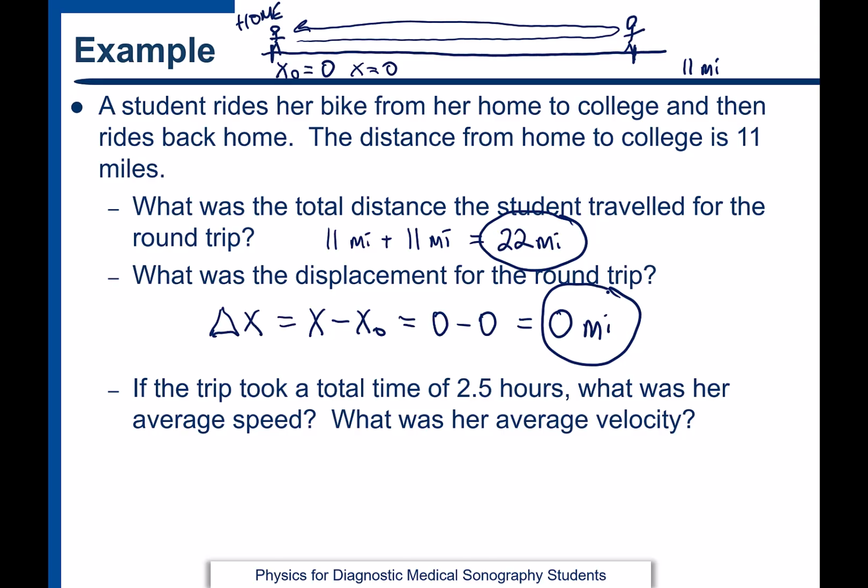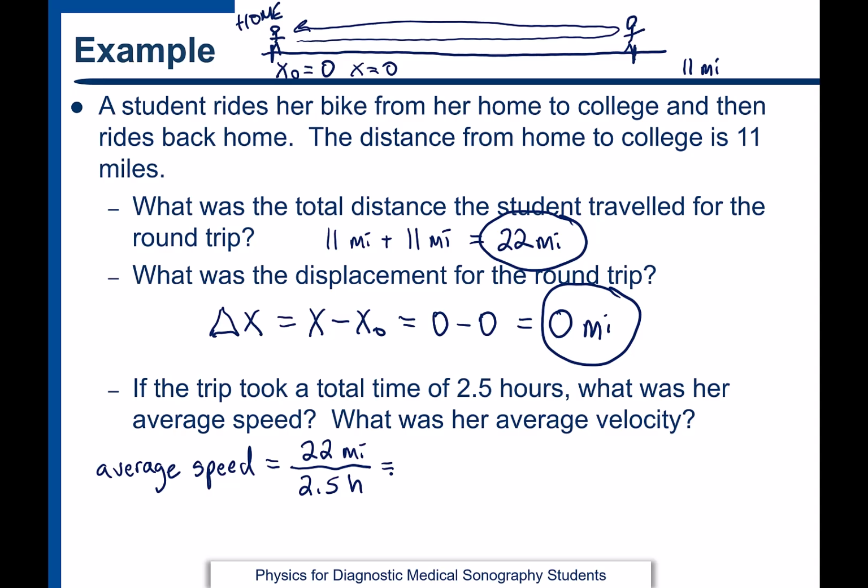If the trip took a total time of 2.5 hours, what was her average speed? Well, we know that average speed is just the distance traveled per time. And so she traveled 22 miles, and she did that in 2.5 hours.